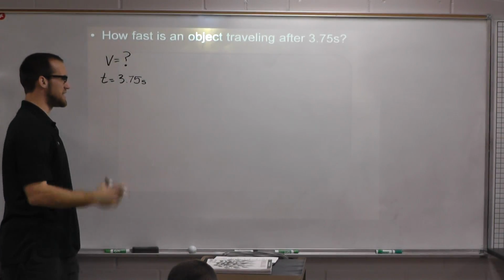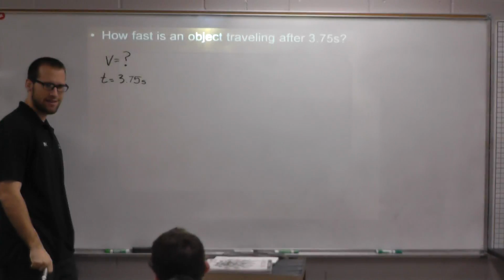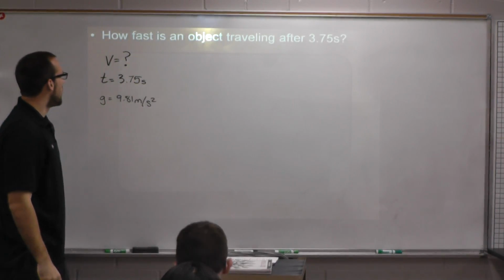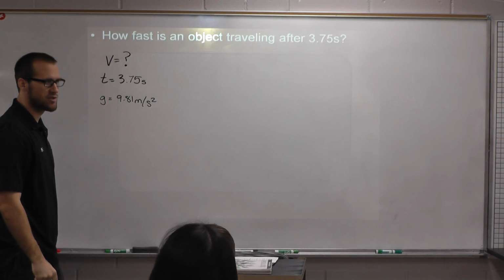And we're missing something. Gravity. Oh, you guys know what gravity is? 9.81. The acceleration due to gravity is always the same number. Yes? Can't we just do 9.8? No, I want you to do 9.81.